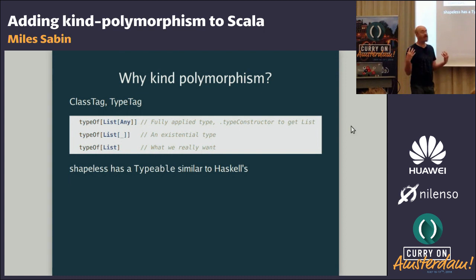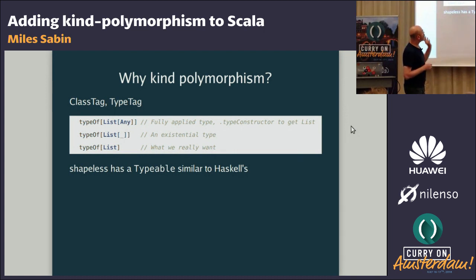That gives you a fully applied type, so you get List of Any. That's not the same type as the List type. So you then need to perform an operation on it, extract the type constructor, effectively poking the hole out to get the unapplied type that you actually wanted in the first place.